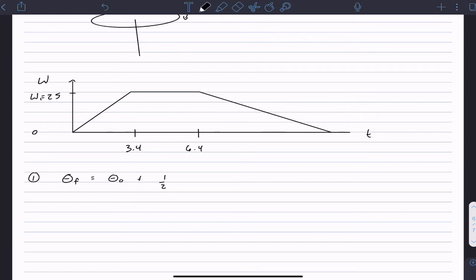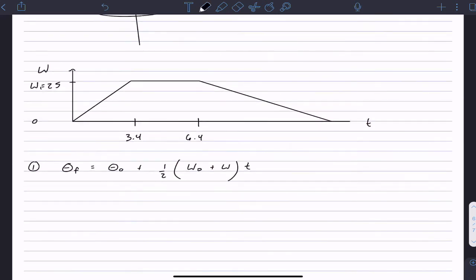On page 338 in the textbook, at least in my textbook, we have a bunch of kinematic equations that we can use to solve. The first one that I'm going to use is the second equation on the page.